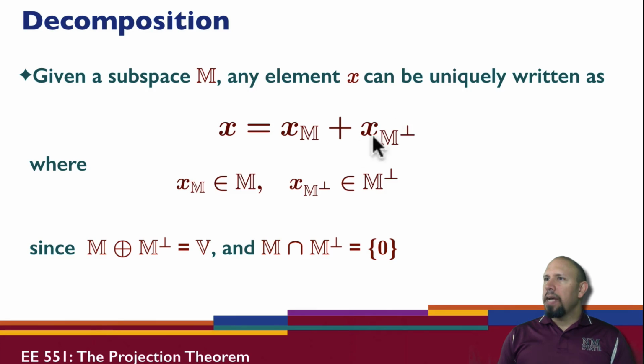Given any subspace, you can always do this, since M direct sum with M perp is the whole vector space, and M intersect M perp is just the 0 element. This is going to be helpful in understanding the projection theorem. This is some preliminary information that we need, and we'll move on now to talk about the projection theorem.